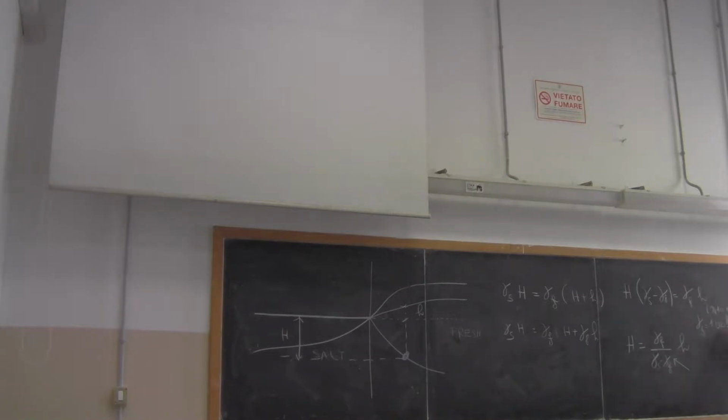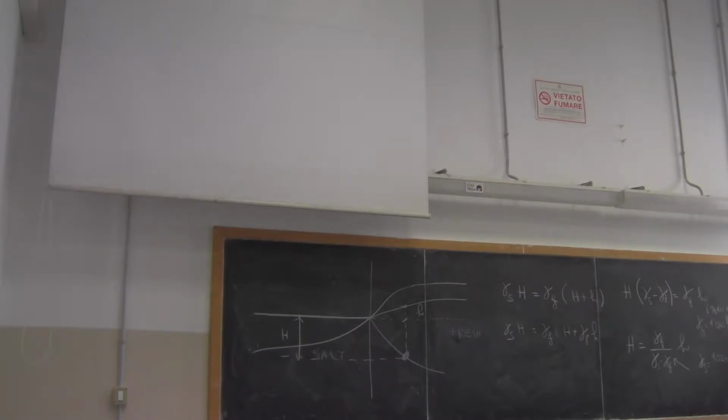Okay, you could write this. Doesn't change anything. Okay, now gamma S, specific weight of salt water. This is something that you may not know. It's typically, for medium salinity, we take 1024 kilogram force divided by cubic meters.